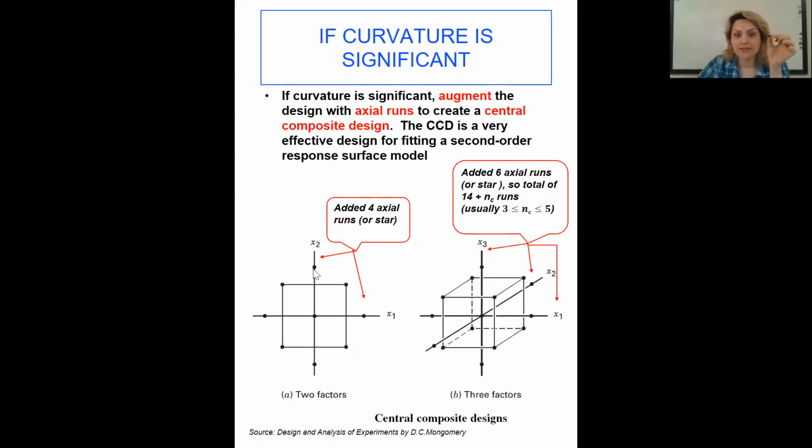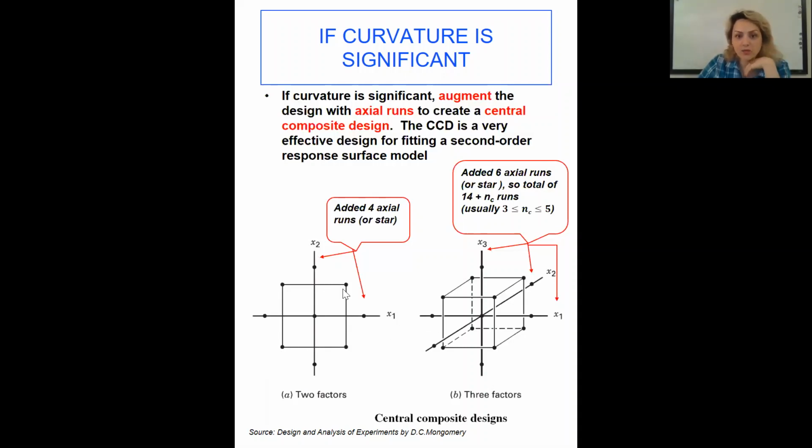We would add some axial runs. Later you will see that we call these star runs as well. In some books, even in Montgomery, he uses axial as well as star. Especially with 3 factors, it's very similar to star runs. We would add the axial runs because we need more independent runs.